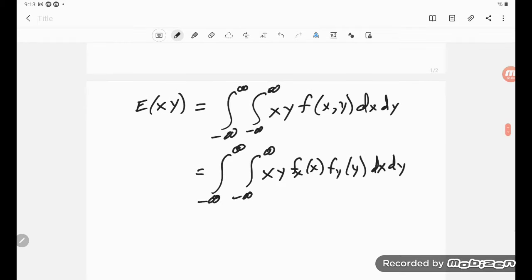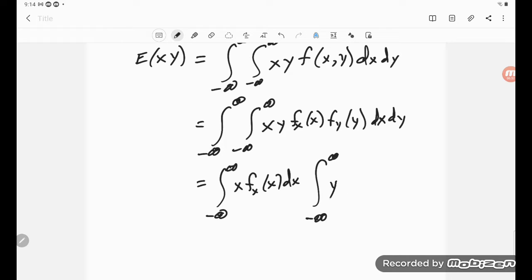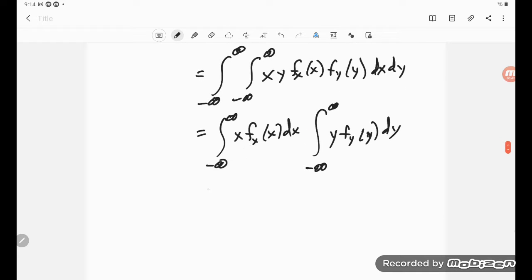And so if I separate things here, we have the integral from minus infinity to infinity of x fx of x dx, and the integral from minus infinity to infinity of y fy of y dy. But of course those are just the means, so that's mx times my.